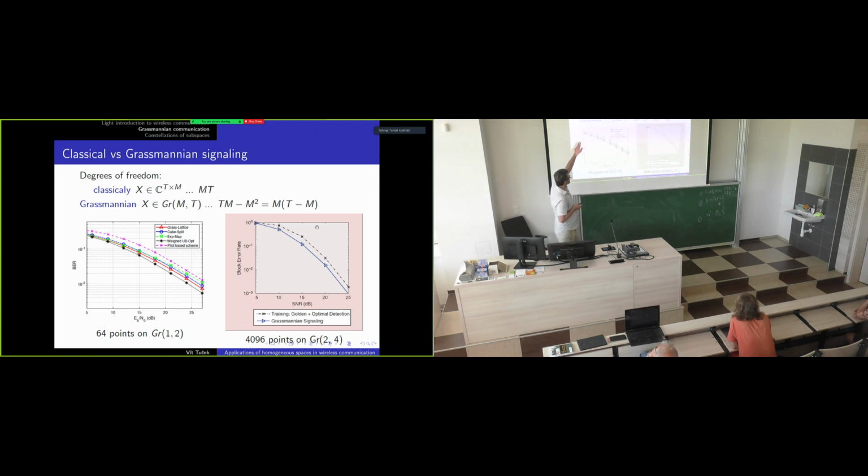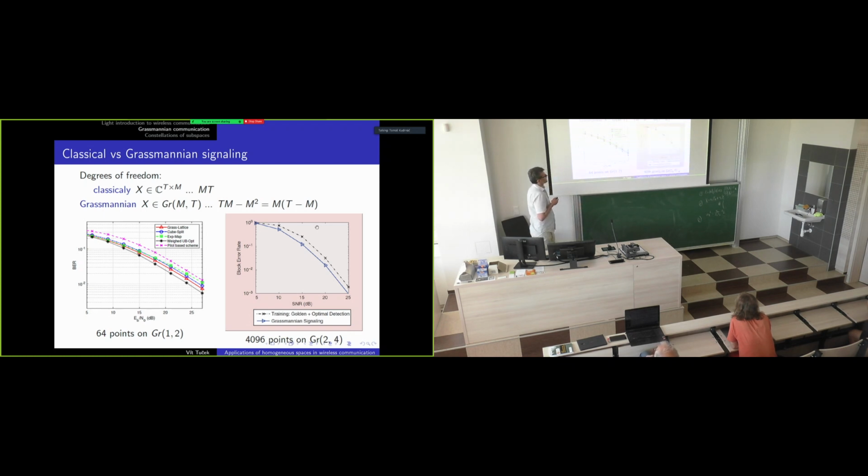So this bunch of lines is various variations on this idea of sending information through points on the Grassmannian. And this purple line is the pilot-based scheme, where we use half of these T transmissions for sending the pilot signals, and the other half is used for sending the actual information. So this curve basically just shows you the performance. Here you have the signal-to-noise ratio, and here you have the error rate.